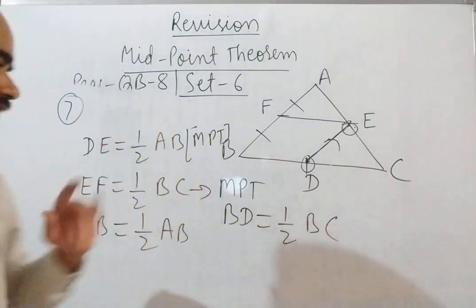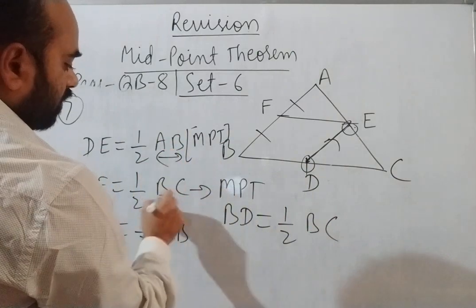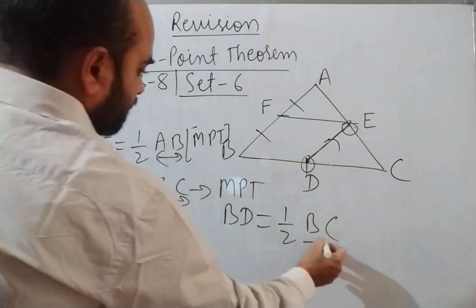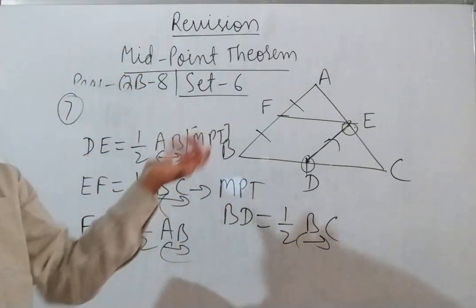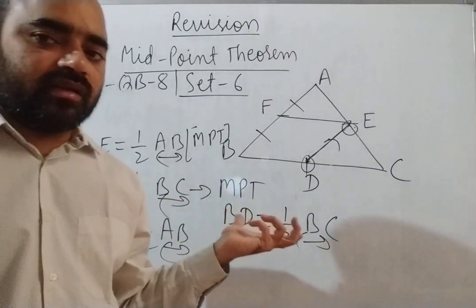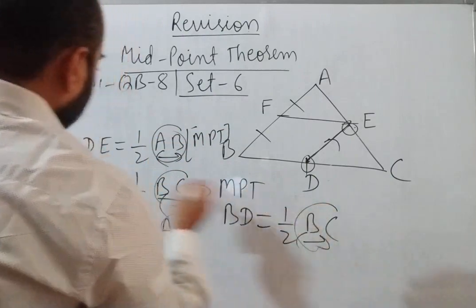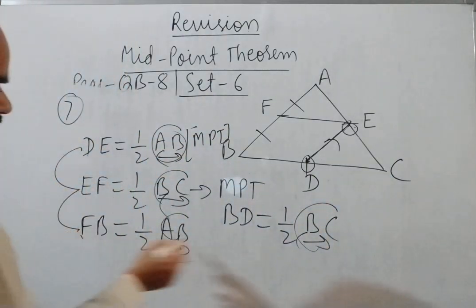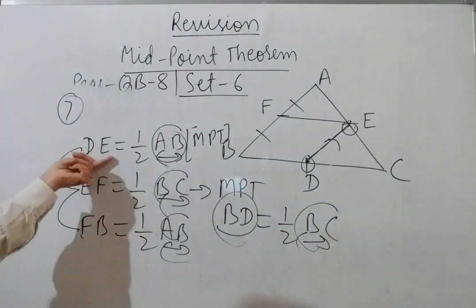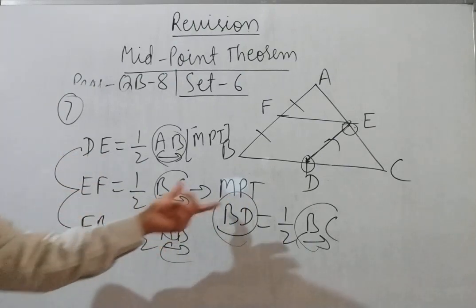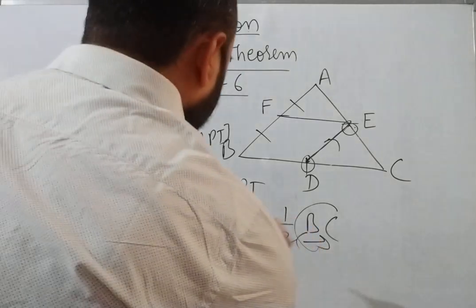So very easy. See, all the sides are equal or not? AB, BC, AC. All the sides are equal. Why? This is an equilateral triangle. When all the sides are equal, it means all these parts are equal. It means DE, EF, FB, BD, all are equal. It means what?